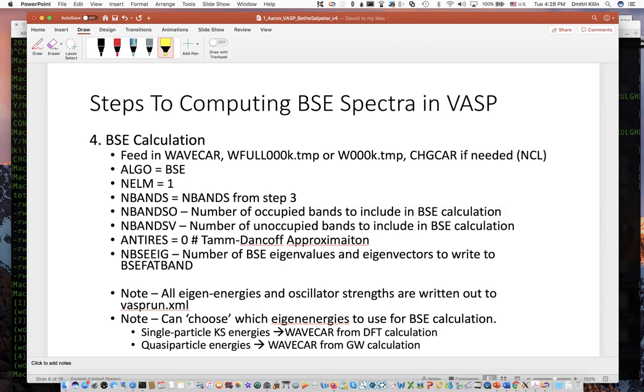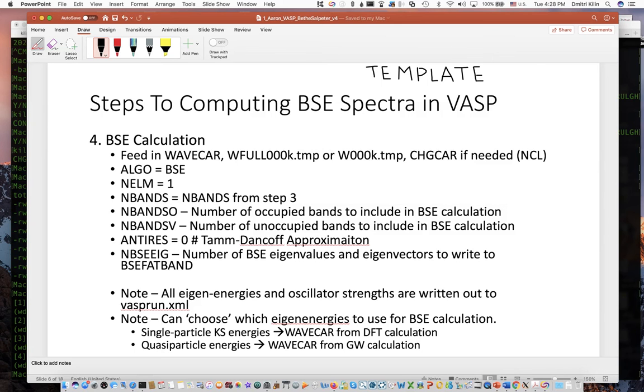And so then this is the final calculation that will output Bethe-Salpeter outputs. And so you feed in a healthy WAVECAR to provide orbitals. You can feed in either one of the W full or just the regular W files.